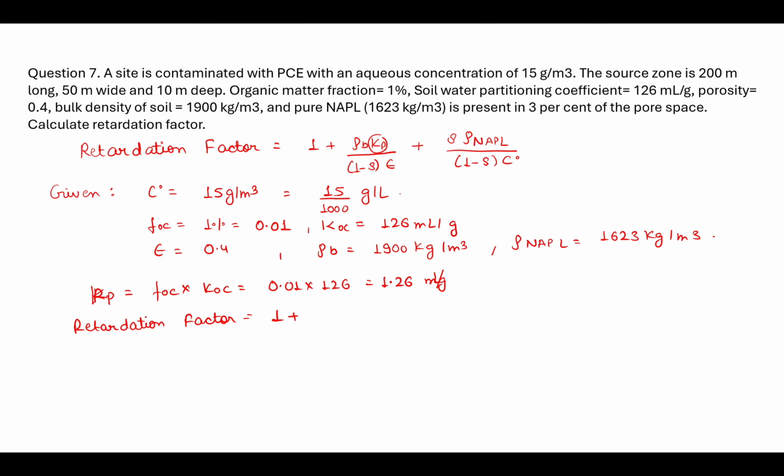We will convert 1900 kg per meter cube into kg per liter by dividing by 1000.